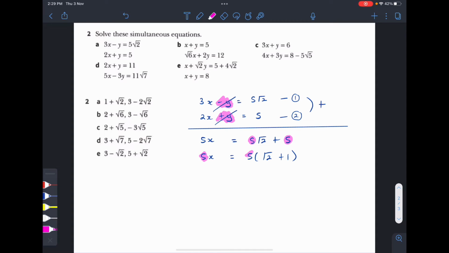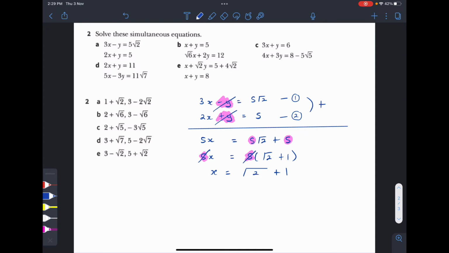If you want to do it real quick, you can just cancel them out. But basically how it works is, this is 5 times x, so the 5 will go down to the bottom as a fraction, and you can still cut them out, so it's pretty much the same thing. So I'm just going to cut it out straight away. So I've got x equals √2 plus 1 right now.